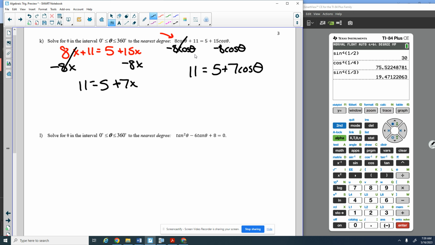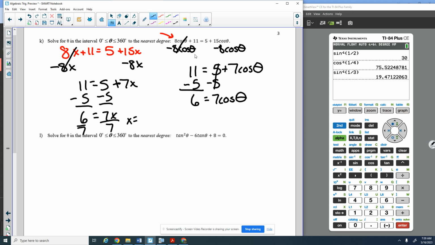Then I'm going to move the 5 over, just as I would move the 5 over here. And this is just a parallel regular equation so we can see the commonalities between the two. And then last thing I do over here is divide by 7. And the last thing I do over here is divide by 7.